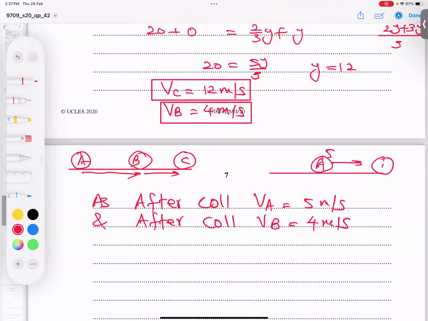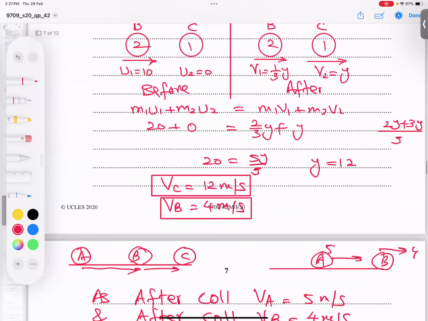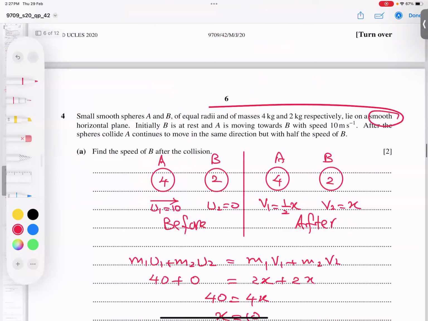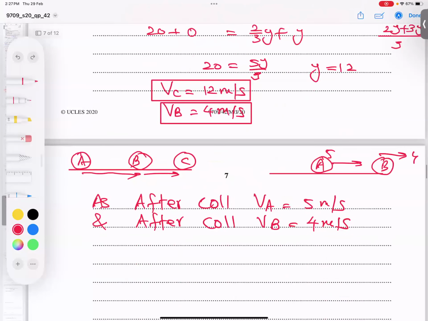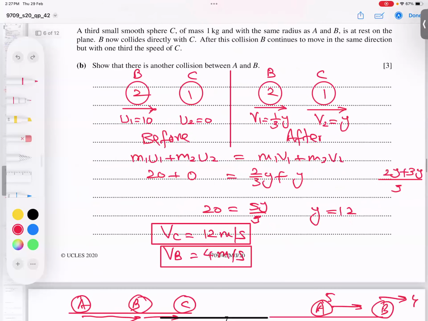And B after collision is going with 4 meters per second. But there is no friction. Read the statement, please. He says smooth plane. So when friction is not there, the speeds of A and B will not change, and they will go on the same. Ultimately, because the speed of A is bigger than the speed of B, it will approach and hit. So there is another collision.